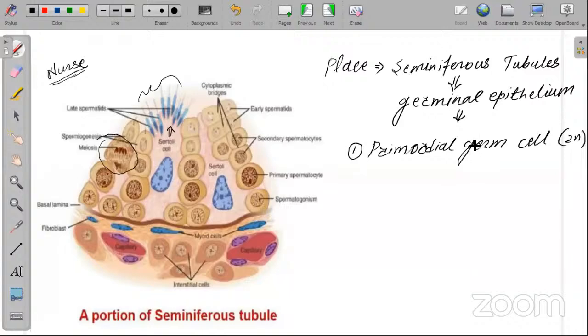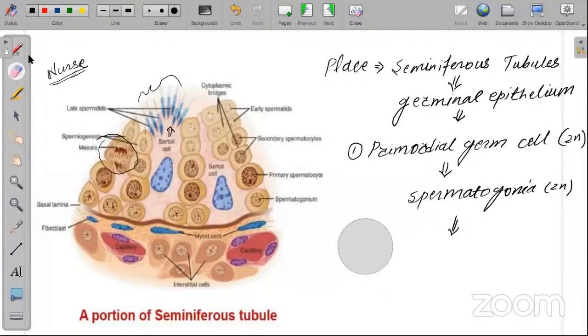After that, this primordial germ cell converts into spermatogonia, which is also 2n. This spermatogonia converts into the primary one, that is primary. Let me make this clearer by writing it this way.